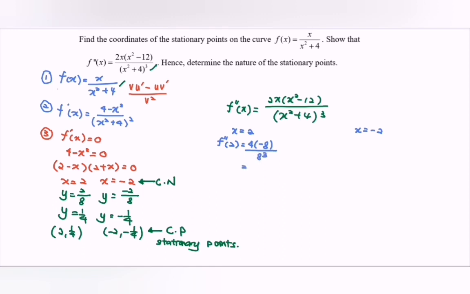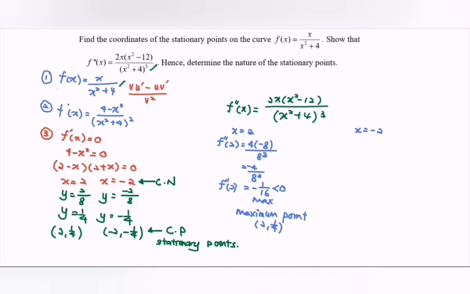If we simplify, we have negative 4 over 64, using the calculator. Then we have f double prime 2 equal to negative 1 over 16, less than 0, so it's a maximum. Then we have the maximum point (2, 1/4). So that is the maximum point.